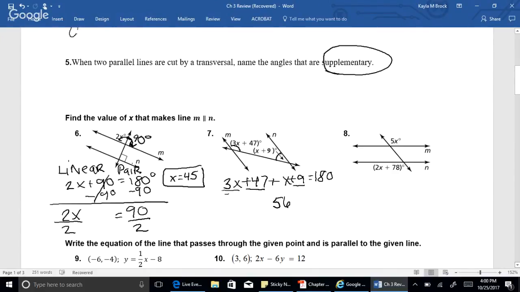And then 3x plus x is going to equal 4x. And then we're going to subtract 56. 124.